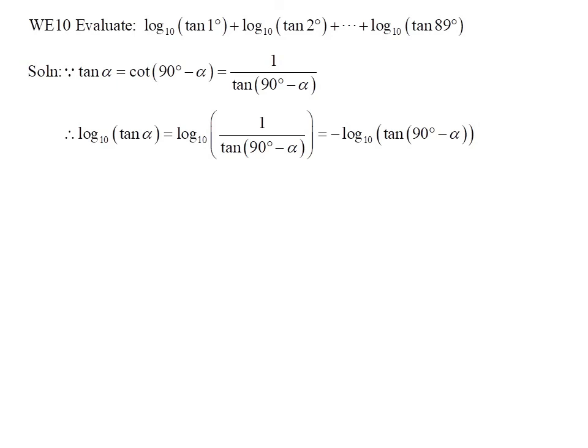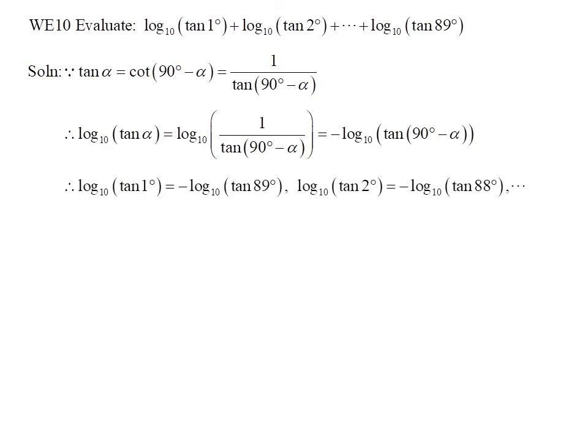Accordingly, common logarithm of tangent 1 degree equals negative common logarithm of tangent 89 degrees, and common logarithm of tangent 2 degrees equals negative common logarithm of tangent 88 degrees, etc.